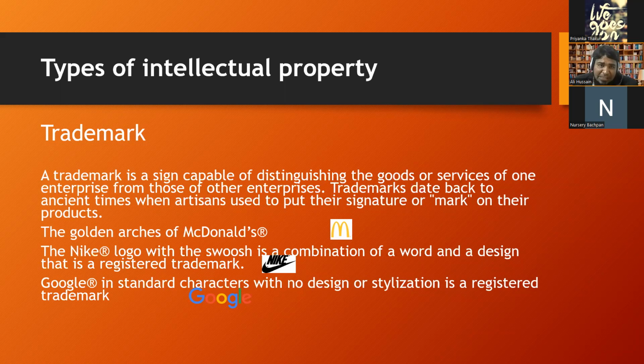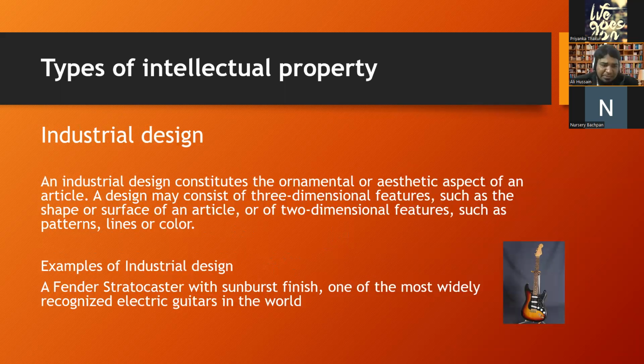The next aspect is industrial design. Once we talk about an industrial design, in particular every product has a uniqueness of its design, which is called industrial design. Like if you see the image over there in the PPT, we have an electric guitar. It has a unique industrial design.